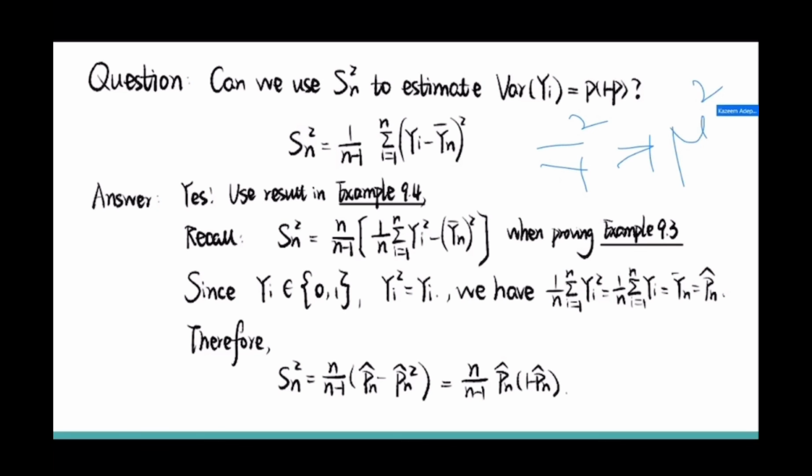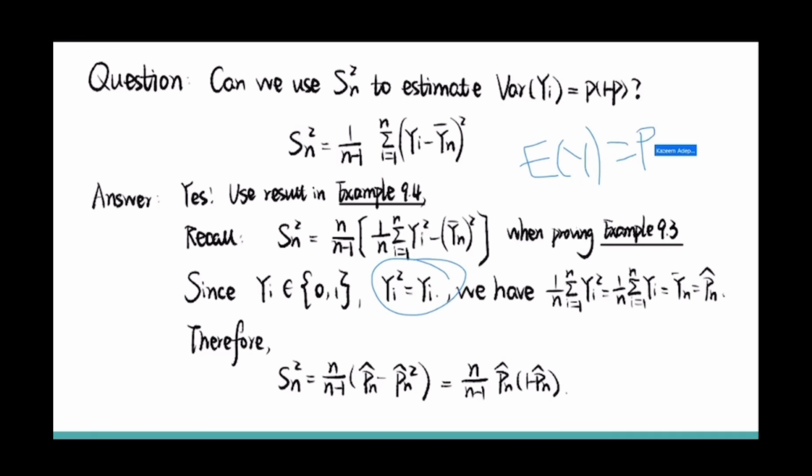I needed to take notes of all of that. For the Bernoulli distribution, since we know that y squared equals y, and that the expected value of y equals p, the expectation of y squared is also going to be equal to p. That is exactly what I'm trying to talk about here.